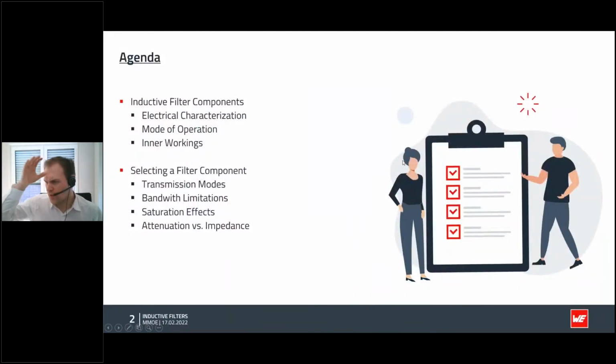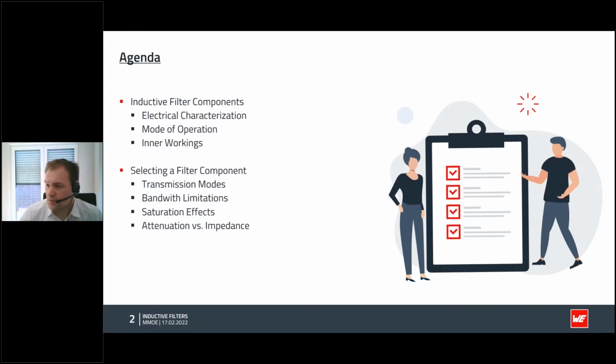Today we're going to talk about the physics, so what is happening inside the inductive filter components to make them behave like they do. In the next step, for the selection criteria, we'll talk about the different noise transmission modes and respective filter choices. Of course, every filter has its limitations regarding bandwidth, so that's another subject for this session.